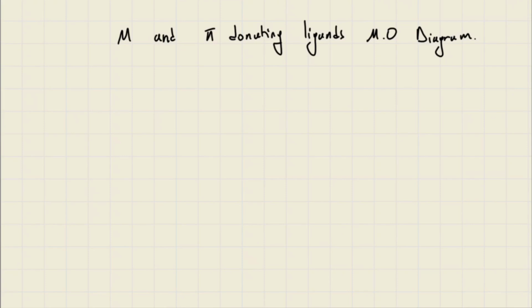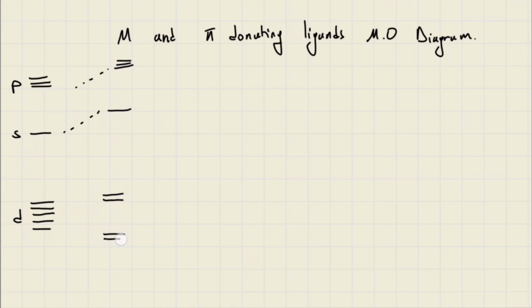So we have the orbitals of the metal center. We have an s orbital, and for instance we have p orbitals. These two will not interact in the octahedral splitting, but the d orbitals will again split as Eg and T2g. So we have sigma donating and pi donating ligands.